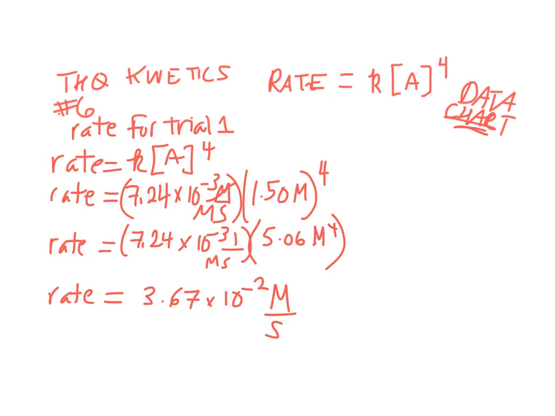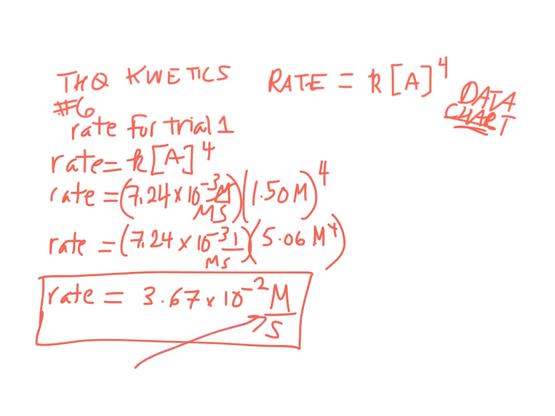All we needed to do was simply take the data off the chart, substitute it all in, and we had the final answer of rate equal 3.67 times 10 to the minus 2. Units for rate is always molar per second, unit time.